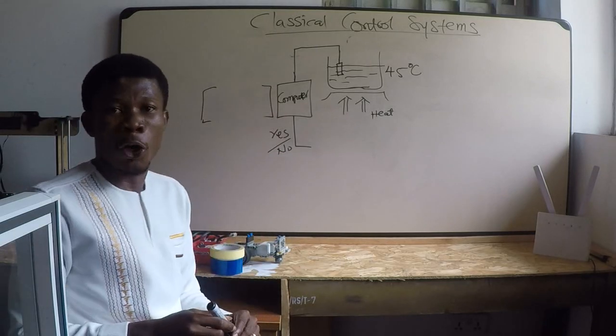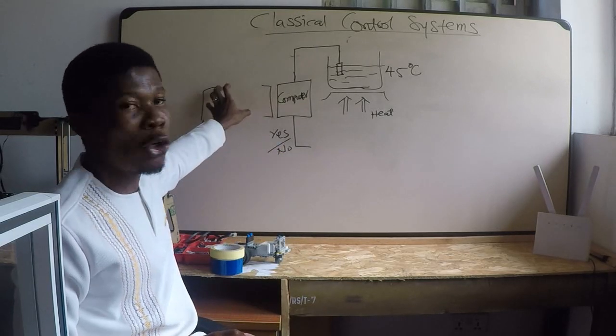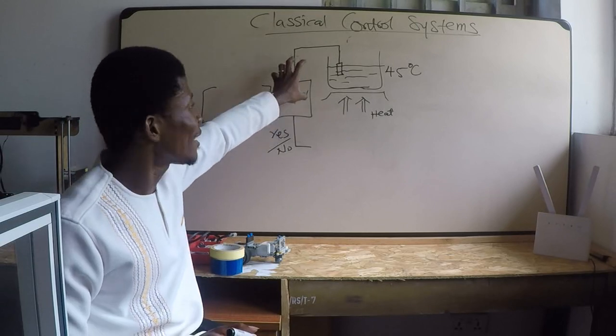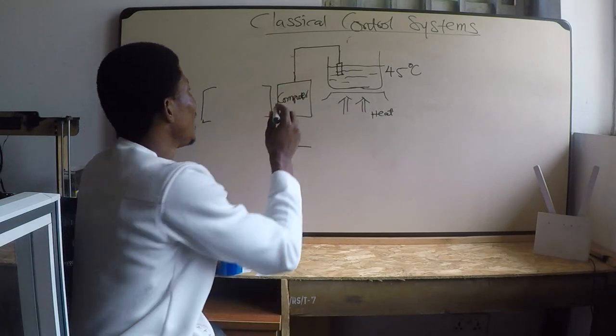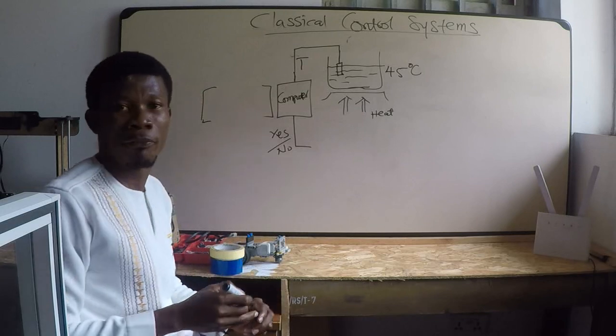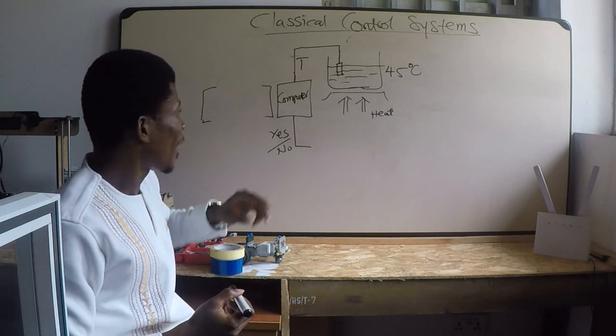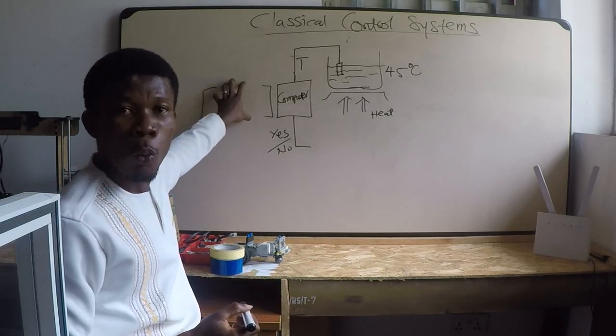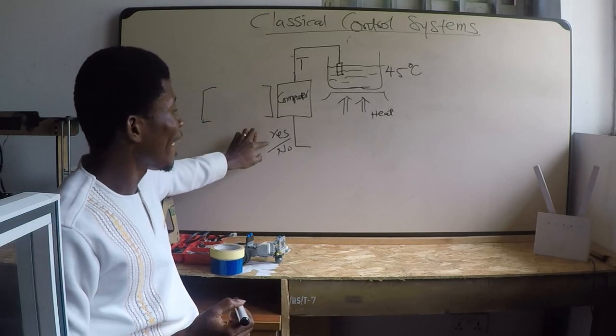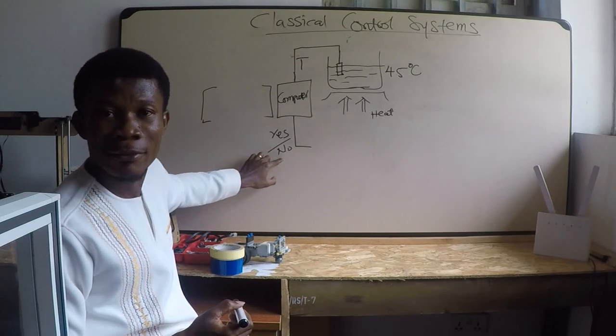The programmer's job is to create that logic into the computer such that the input T, representing temperature, after going through that computation, will result in a yes or no answer.